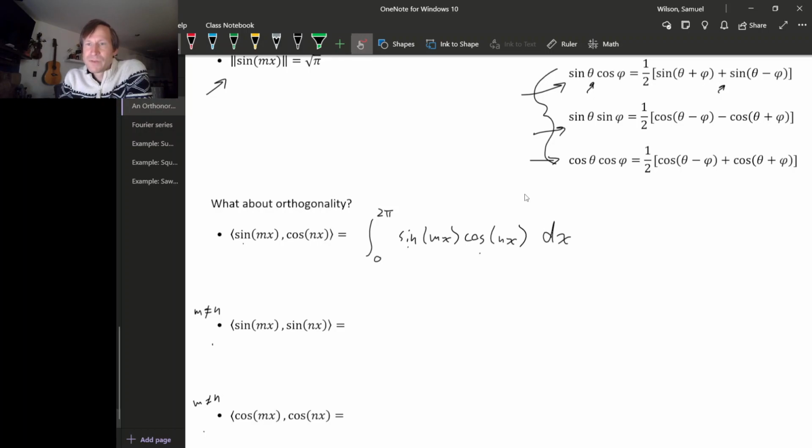So for this identity, mx is playing the role of theta, and nx is playing the role of phi. So let's rewrite this integrand.